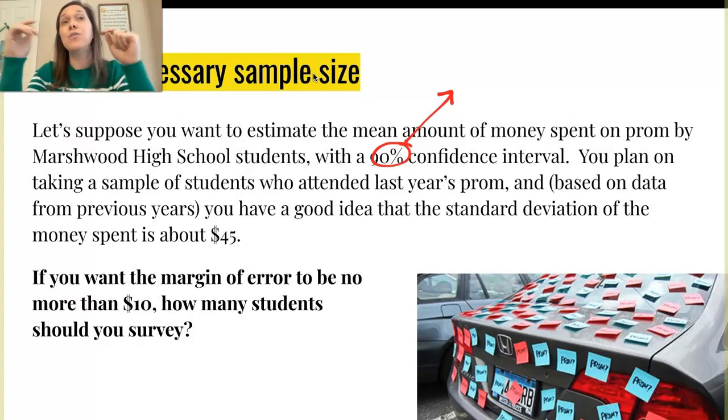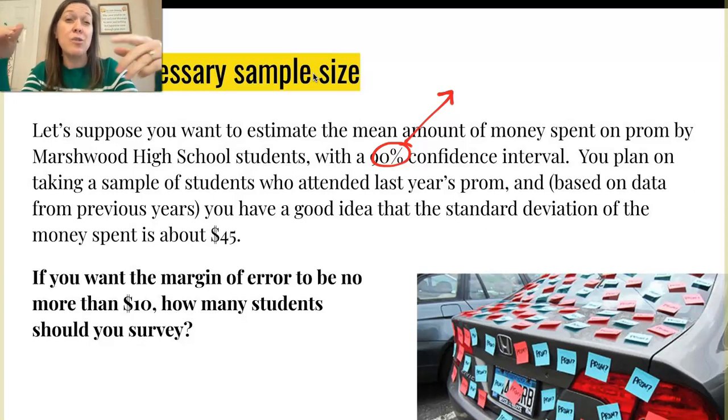So I can use my normal model to first come up with an idea of what my sample size should be, and then use that sample size to come up with my degrees of freedom to get a t-crit value to then solve for my actual sample size. So we're solving for n twice using two different models.